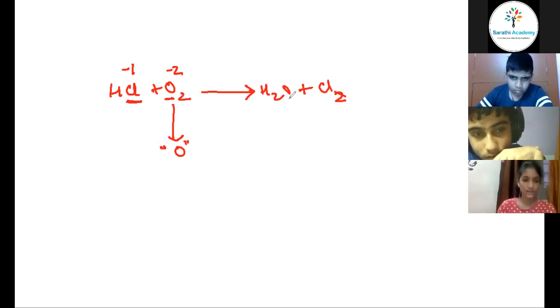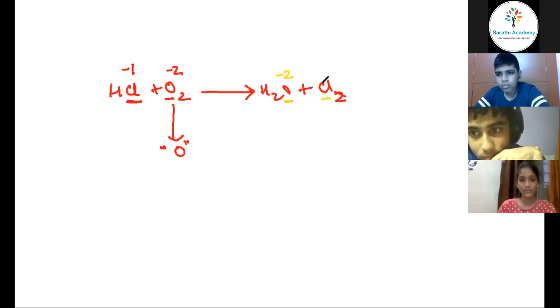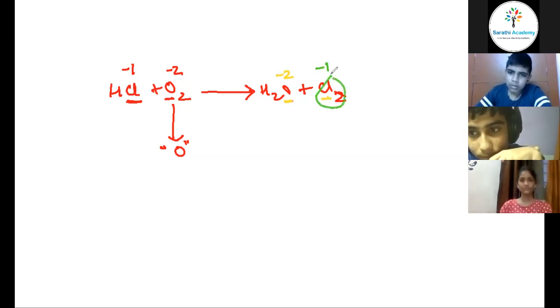Okay. So what is the charge on this oxygen? It will be -2. What is the charge on this chlorine? -1. So why is the charge on the left side oxygen -2?